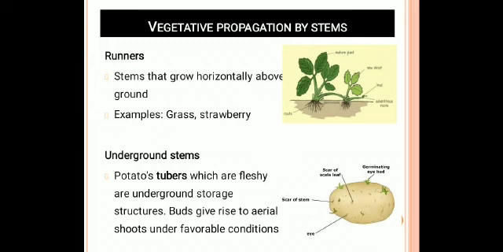Here we can see the structure: scar of the stem, eye, scar of the scale leaf, and germinating eye bud. If we cut the eye bud and transfer it to moist soil, these buds develop into a new plant. That is the underground stem.